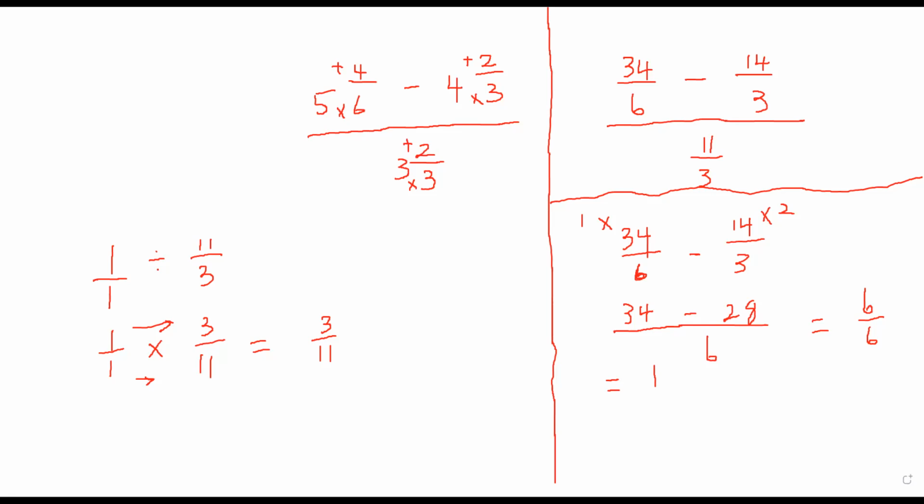All right, let me clear the board. So we have 4 and 1/3 minus 1 and 5 upon 6, all upon 1 and 3 upon 7 times 1 and 2/3. When you work, don't rush it, take your time.